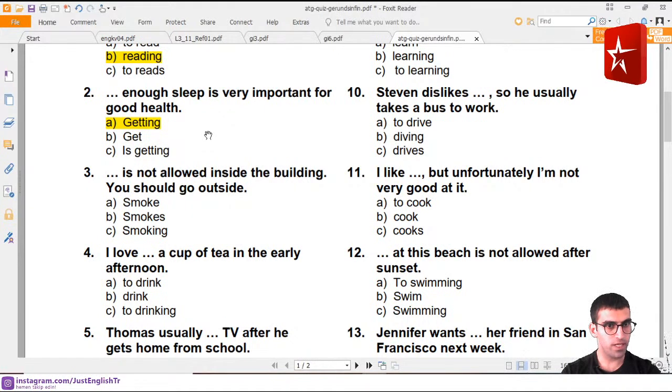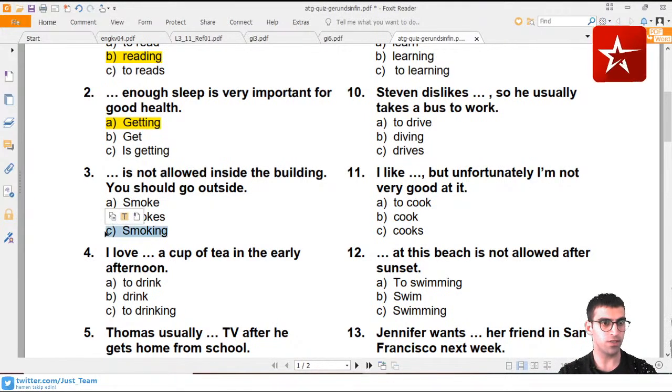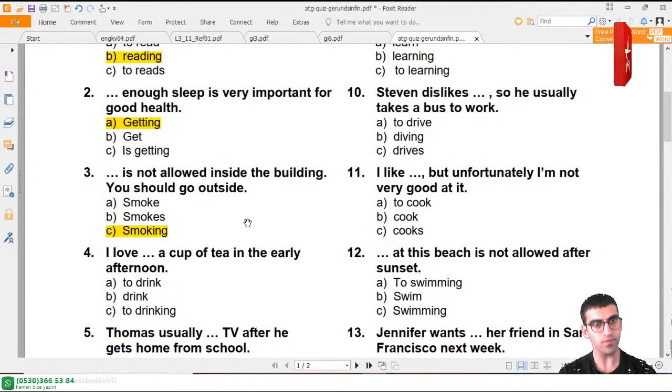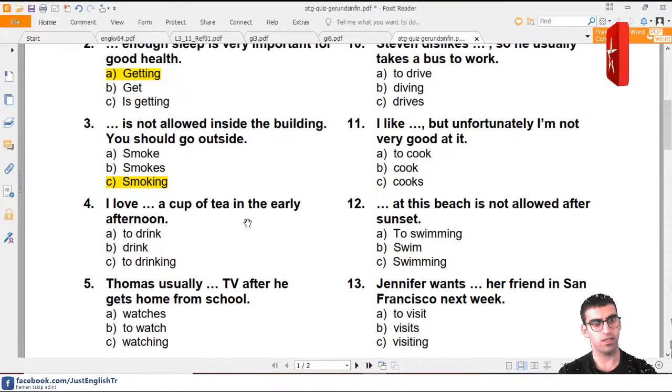Okay, number 3, all of them say, like Farah, Mustafa, and Aisha, the correct answer is C. Smoking isn't allowed inside the building. You should go outside. Perfect. Yes, your answers were correct, guys.